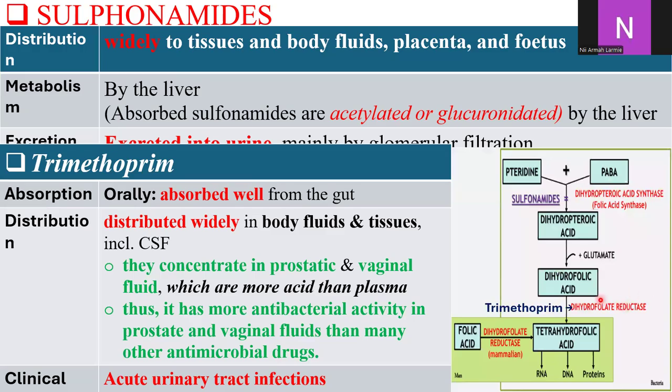Now, this enzyme is what is inhibited by trimethoprim, pyrimethamine, etc. So, it's on the same pathway, both leading to defective tetrahydrofolic acid synthesis and hence defective DNA synthesis. So trimethoprim is another example of an indirect DNA synthesis inhibitor.